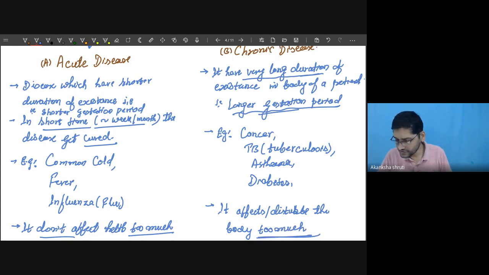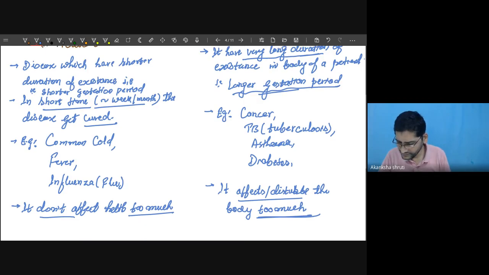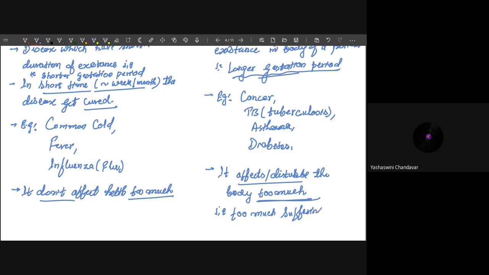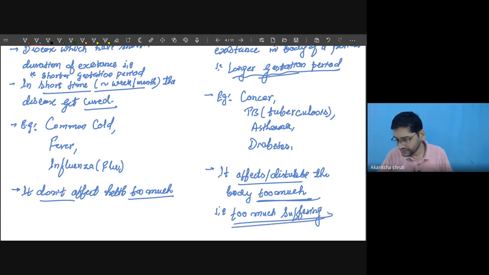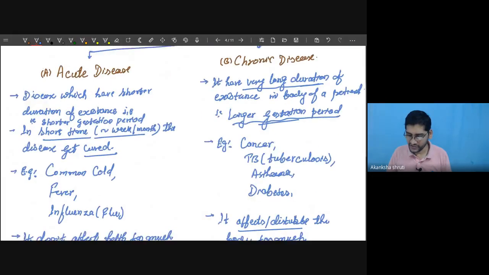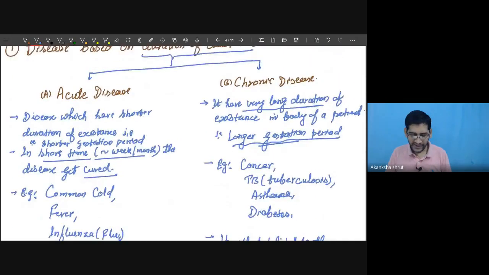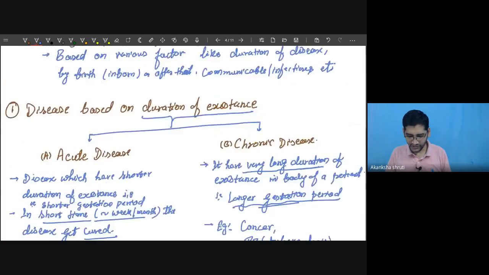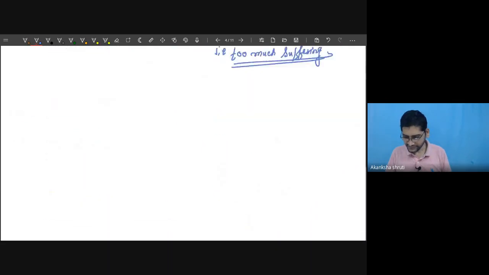So too much suffering. In which case will the suffering be maximum? Chronic disease. Very good. So these terms are asked. Based on this suffering also, if the suffering is too much, it is chronic, and if the suffering is to a lesser extent, then it is called acute. So this is the first classification.